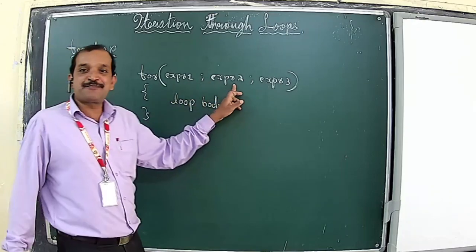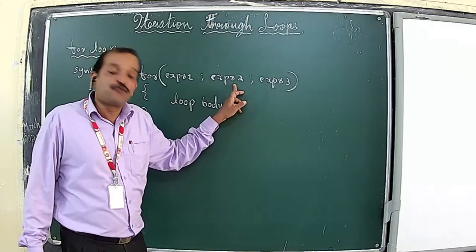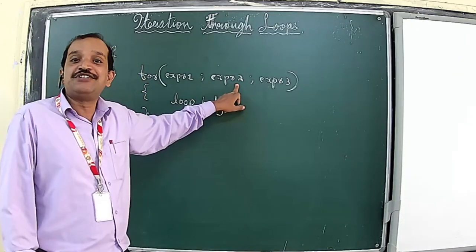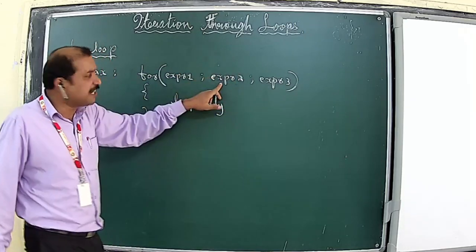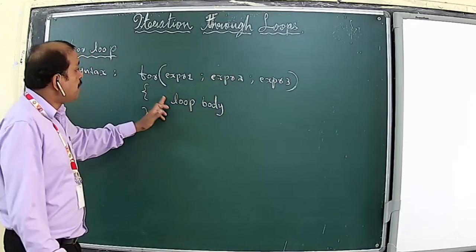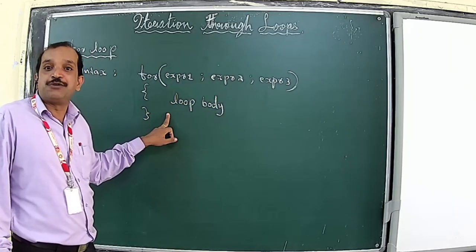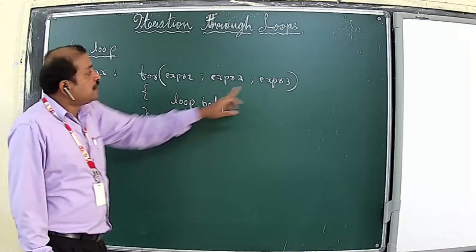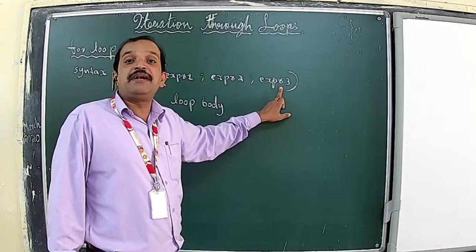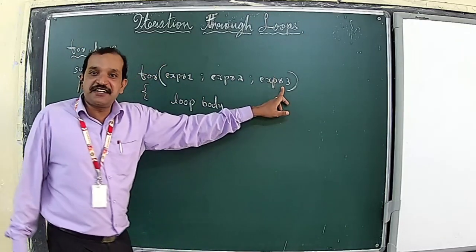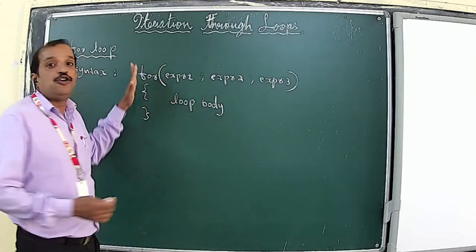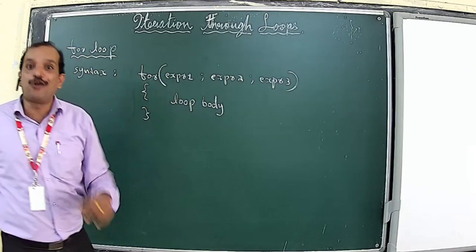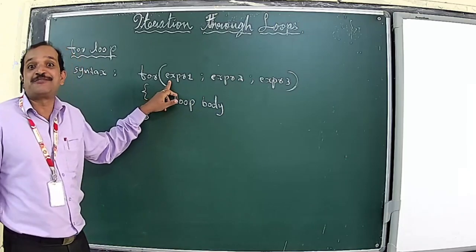The second expression is the test expression. Of course, this is a logical expression which results in true or false. And based upon the result of this test expression, the number of times this loop body will be executed is determined. The third expression is an update expression. The update expression is used to change the value of this loop control variable, which we have already initialized as part of expression 1.